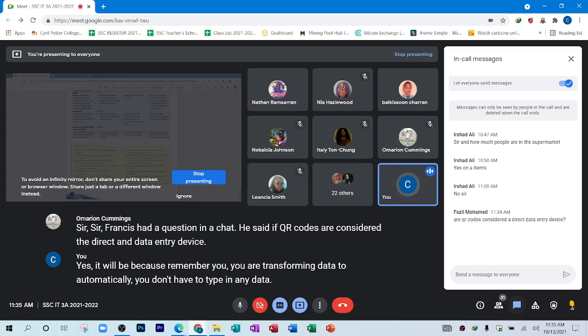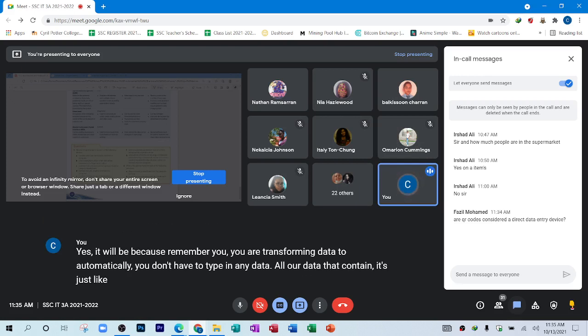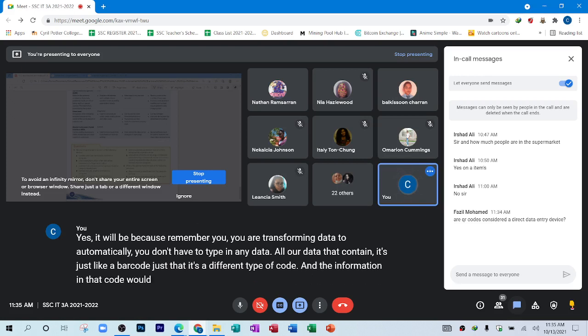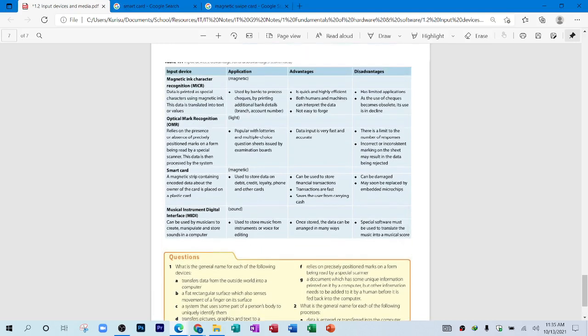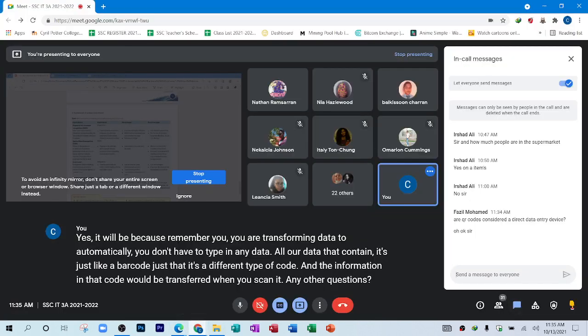All the data it contains is just like a barcode, just a different type of code. And the information in that code would be transferred when you scan it. Any other questions? Good question.